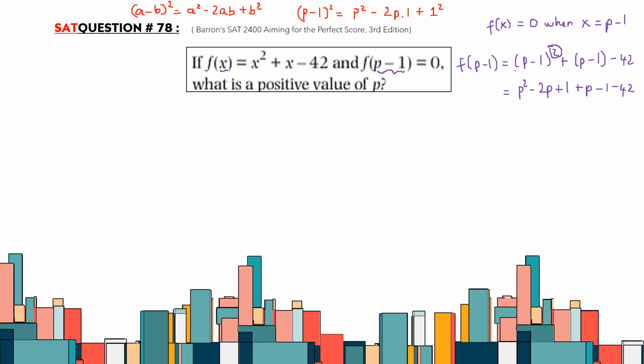Okay, that is from here. Then this one we open the parenthesis. The sign in front of the parenthesis is positive, so we just keep the sign, so plus p minus 1. If we simplify this one more, we will have p squared minus p minus 42.